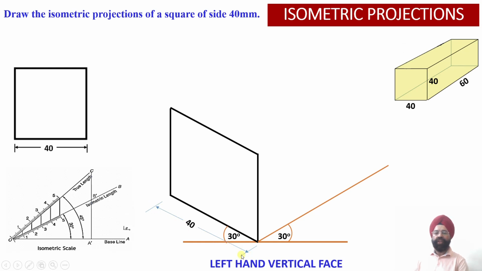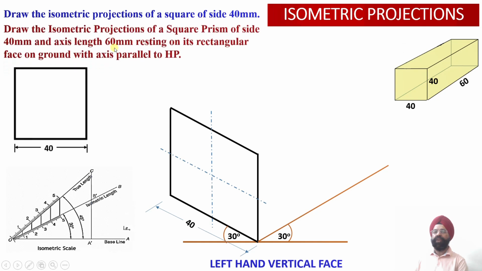Now having drawn this square face which is being observed from the left hand side, we can even work out the axis point. So get the midpoints of all the four edges, and then you join these two midpoints, you will be getting the center line. Then you join these two midpoints of these two edges, so another center line will be there. So this is going to give me the axis point of this particular face of the square prism, right?